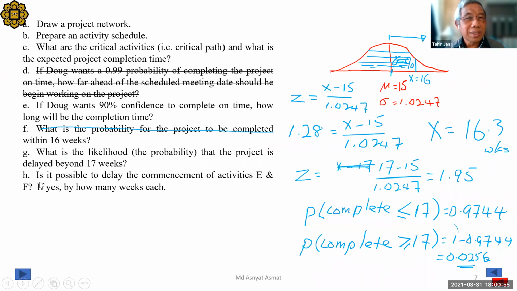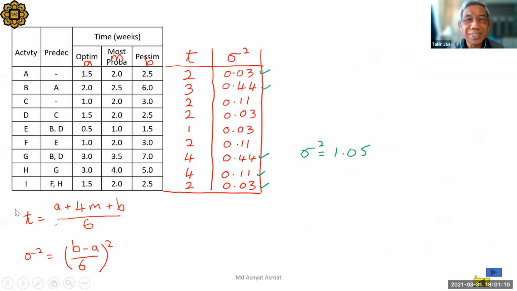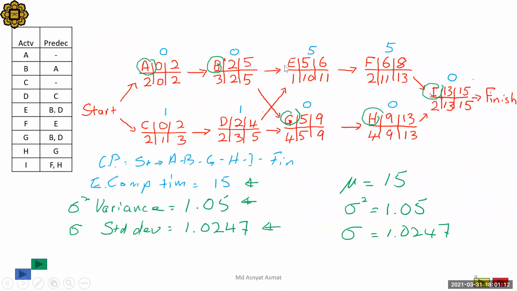Then the last one: is it possible to delay the commencement of activities E and F? Yes, possible. How do you know yes? Because of the slide. The question is by how many weeks?